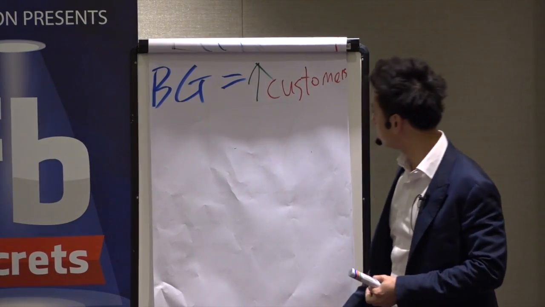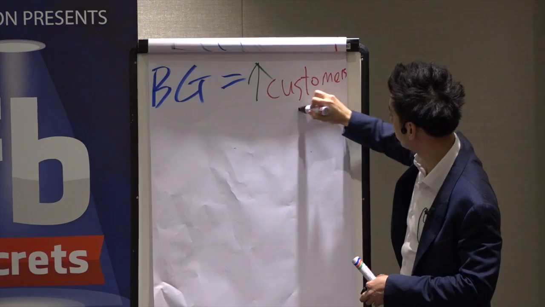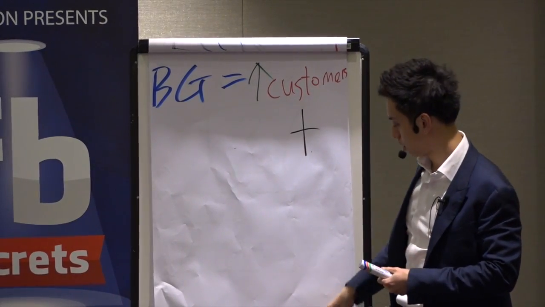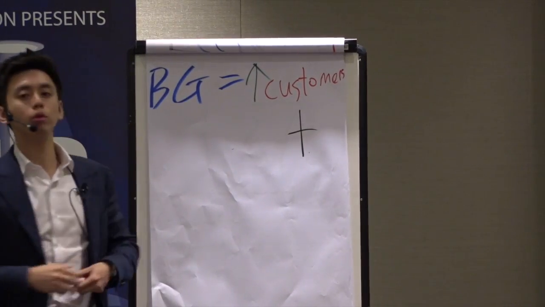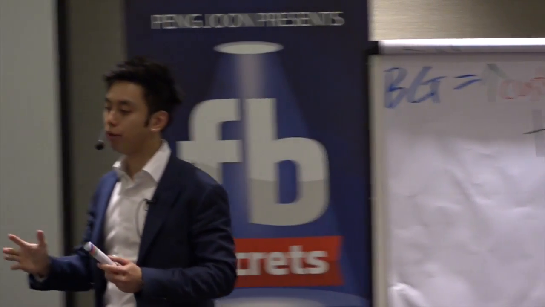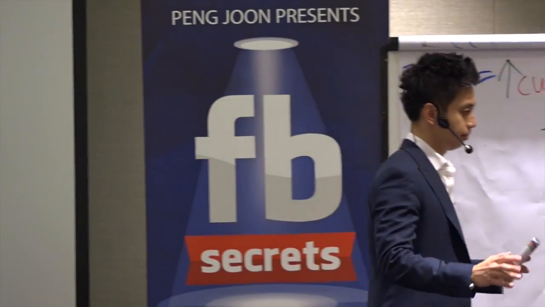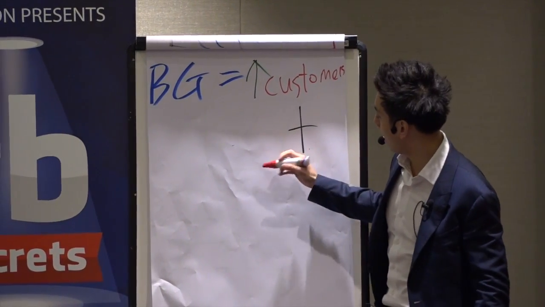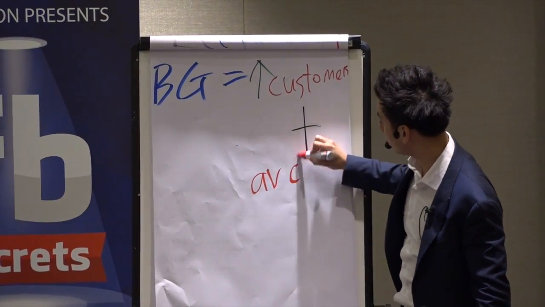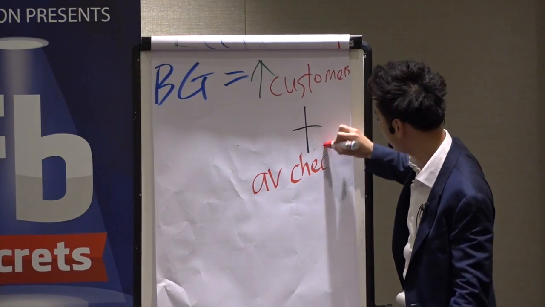What do you think is the second way to increase your business and the business growth? Think about it this way. If you own a restaurant and the average bill of a customer is $10, if you're able to increase this whereby the average bill is $20 with everything else remaining the same, if you're able to double this next thing, which is the average checkout value or the average spend, right?